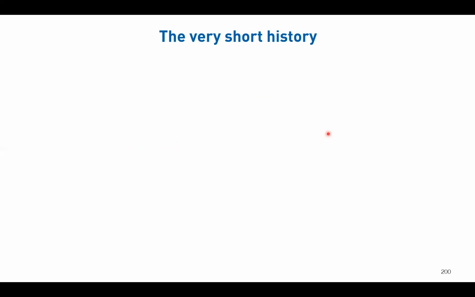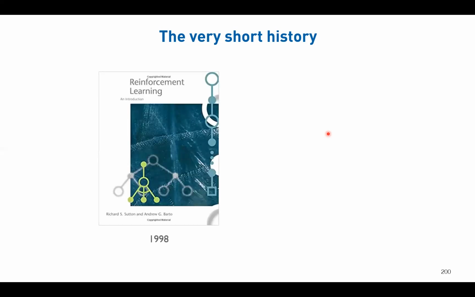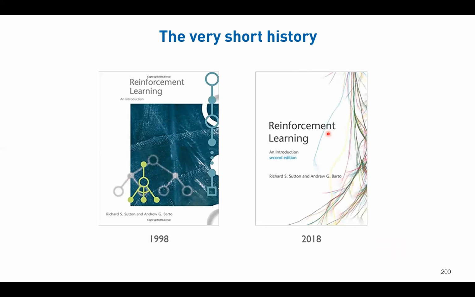It instead came from the field of computer science, machine learning or artificial intelligence. A very short story: I show you the cover of the book, Reinforcement Learning. It was written by two computer scientists, the first edition was in 1998, and 2 years ago they updated a lot of the content in their second edition.